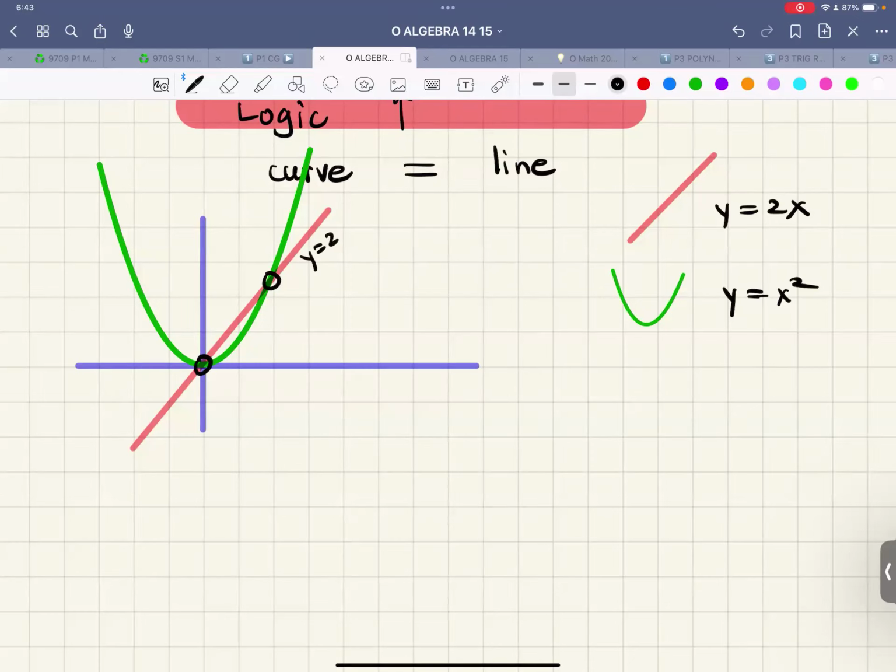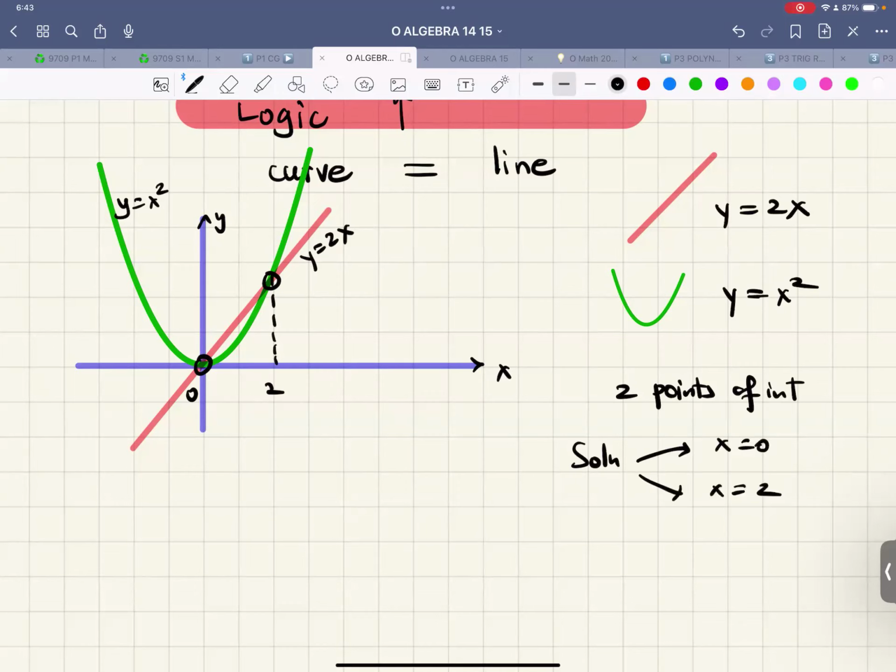This is the y-axis. This is the x-axis. You see 2 points of intersection. And we will find with calculation that the 2 points are 0 and 2. So the solutions are x equals 0 and x equals 2.